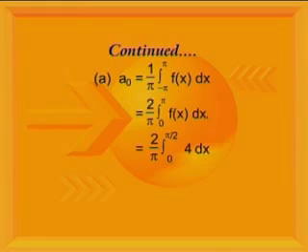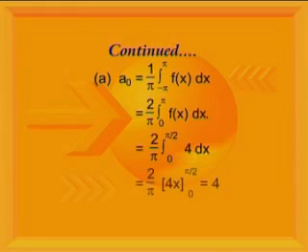So the integral which is contributing will be the integral of 4 with respect to x from x equal to 0 to pi by 2. So here a naught is equal to 2 over pi integral of 4 with respect to x, and x is from 0 to pi by 2.